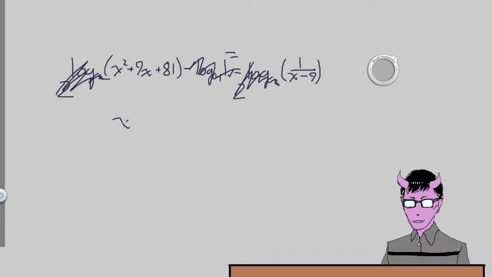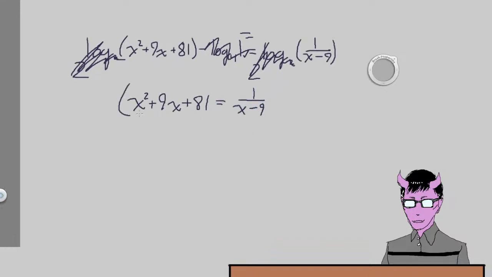So, wait, what? How come now it's changed? So we have x squared plus 9x plus 81. That's equal to this nonsense, right? Oh, no, it's still the same thing, because we have to multiply this to both sides. So multiplying both sides by x minus 9, this one distributes to here, and this distributes to that entirety. Yeah, we're going to get a difference of 2 cubes yet again.